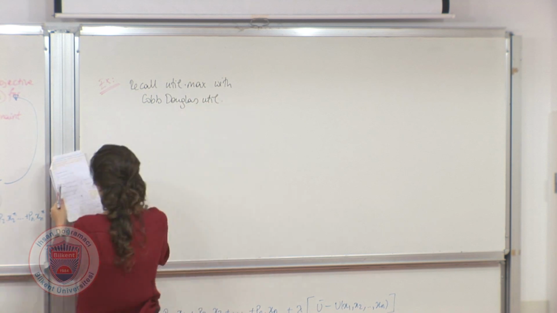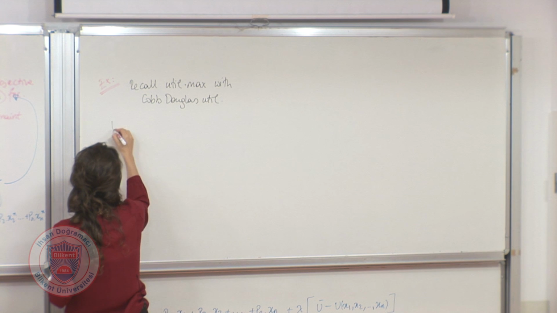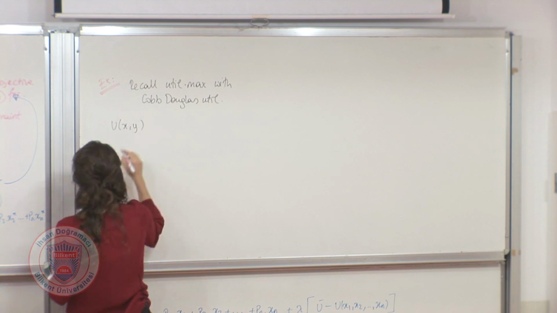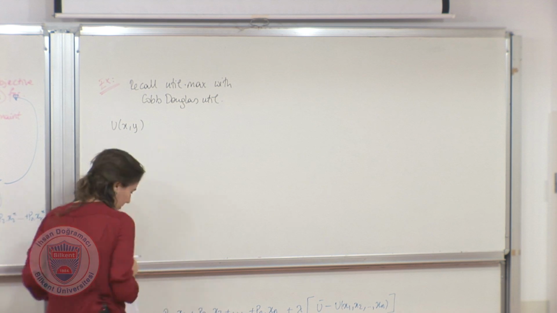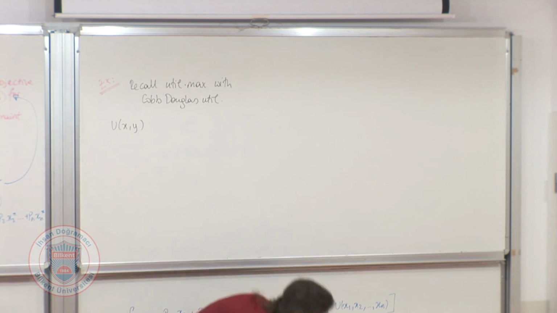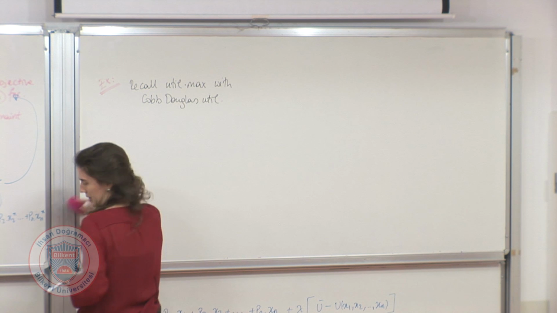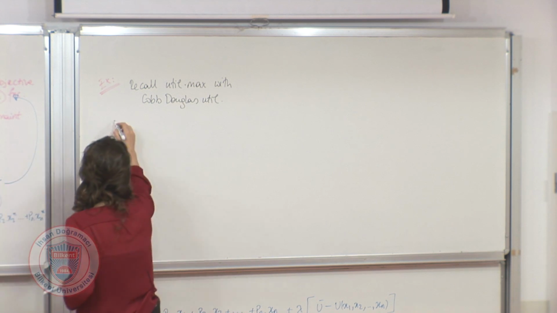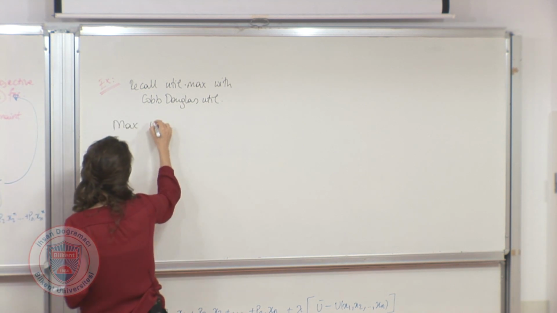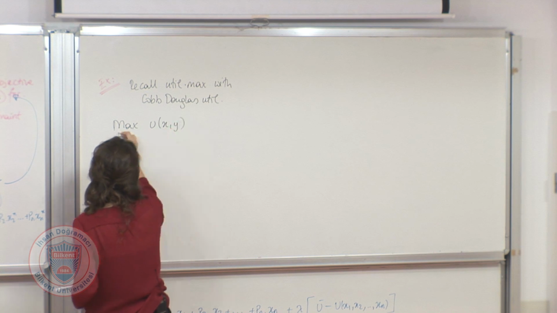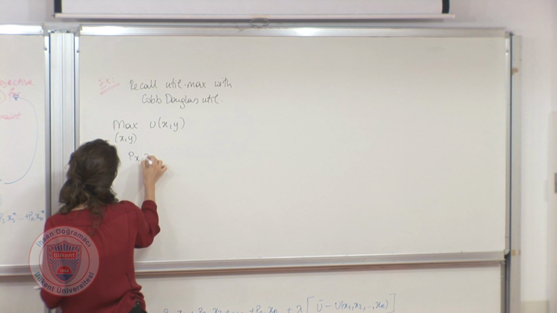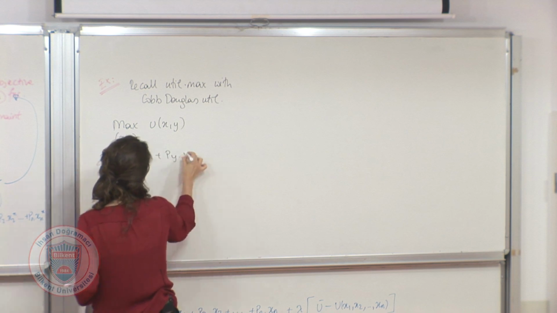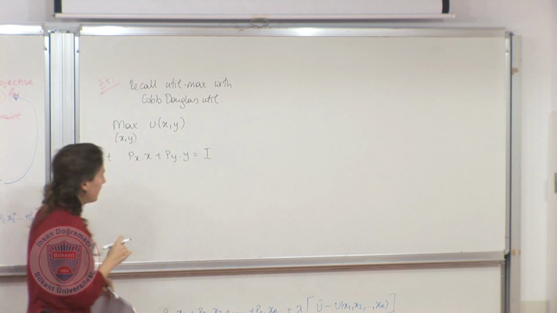We had u of x, y, and you want to maximize this utility, subject to px times x plus py times y equals I, okay?